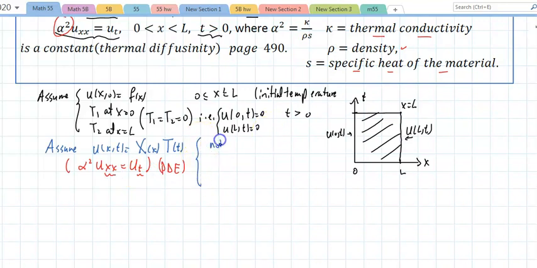Note, if this is my function, if I take u sub x, that's going to be X prime T. And if I take u sub xx, that's going to be X double prime T. And if I take u sub t, the partial with respect to t of this, that's going to be X T prime.